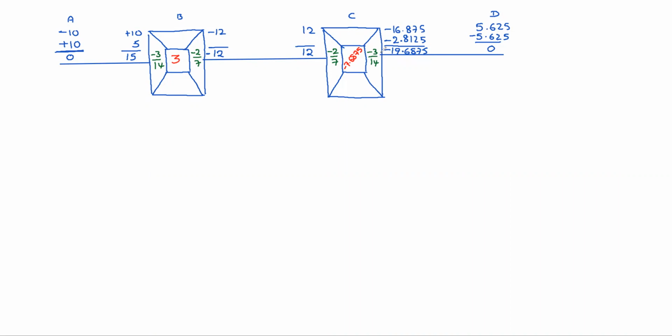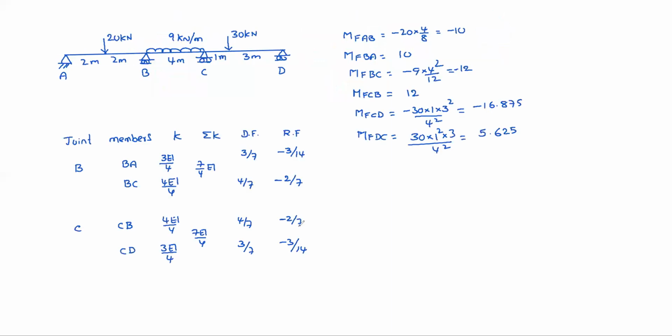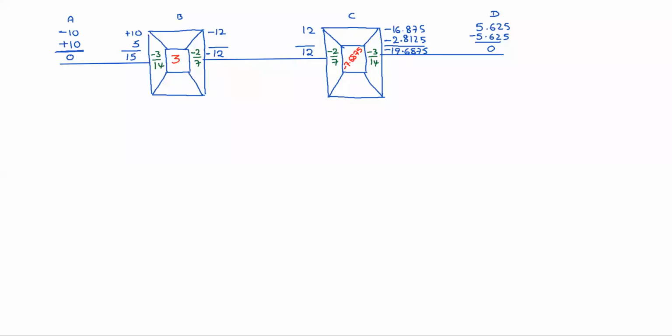BA rotation factor is minus 3 by 14. You can see that here: minus 3 by 14, minus 2 by 7, minus 2 by 7, minus 3 by 14. Make a line here, like this.